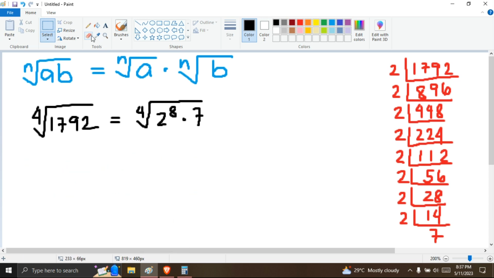So we can now separate the two terms. So this is the fourth root of 2 to the power of 8 times the fourth root of 7.